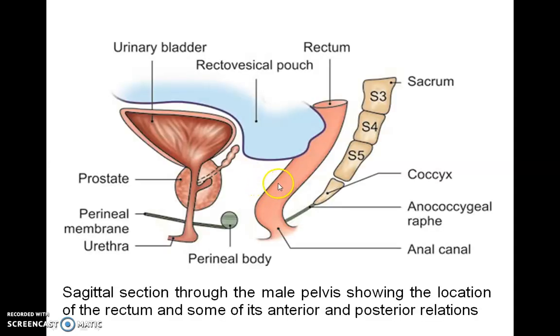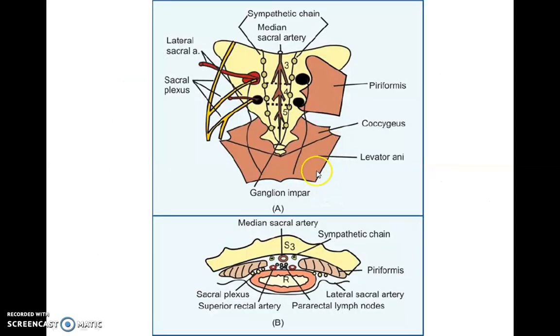See, posteriorly, this is the posterior side of the rectum as it lies against the curve of the sacrum and the coccyx. Obviously, these are related to it. This figure shows the posterior relation of the rectum.